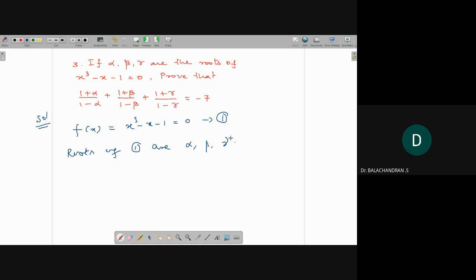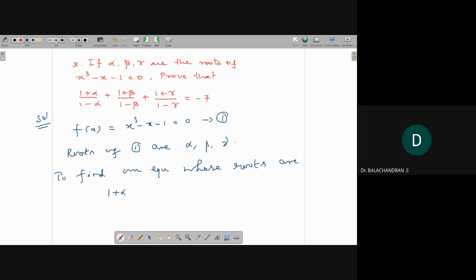Now I am going to prove this one. So directly you can't prove. So first I am going to find an equation whose roots are what? Anybody? Whose roots are alpha plus 1, beta plus 1, gamma plus 1, sir.